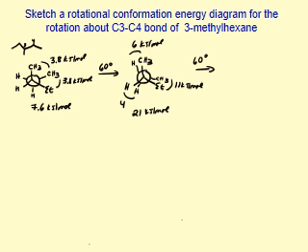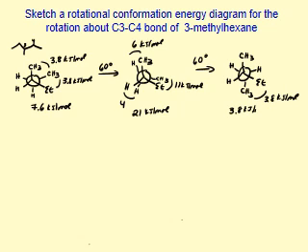Rotate another 60 degrees, and we would go to another staggered conformation. In this particular case, we just have one gauche interaction of 3.8 kilojoules per mole. So this overall is 3.8 kilojoules per mole.